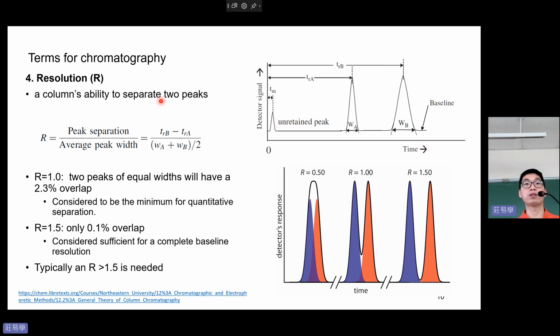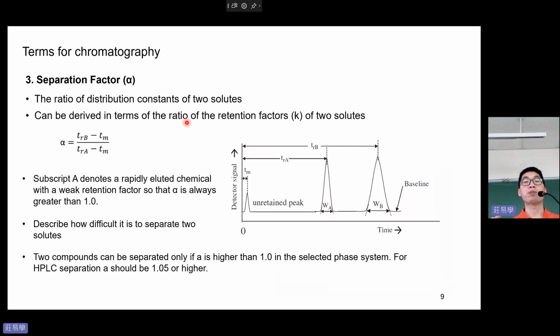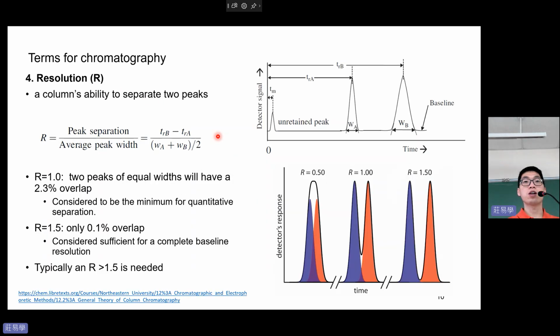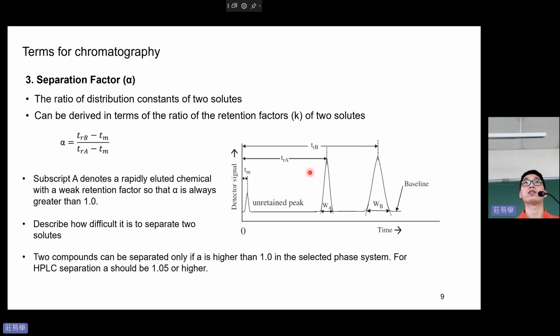It's pretty similar to separation factor, but in the case of separation factor, we only consider the retention time of each peak.